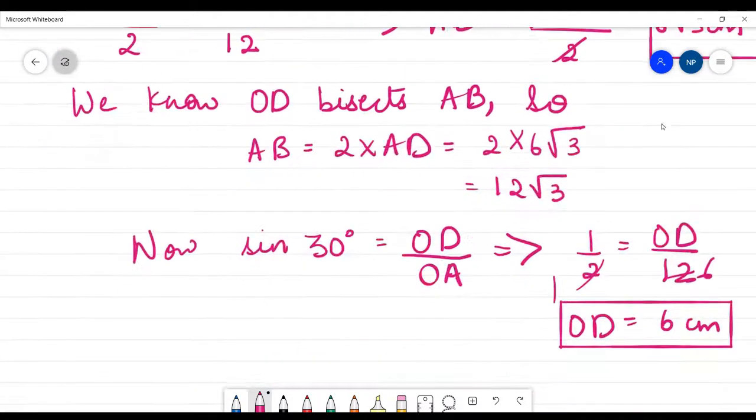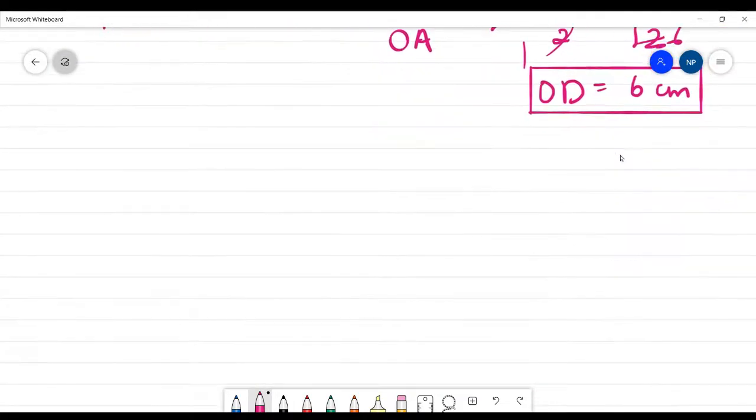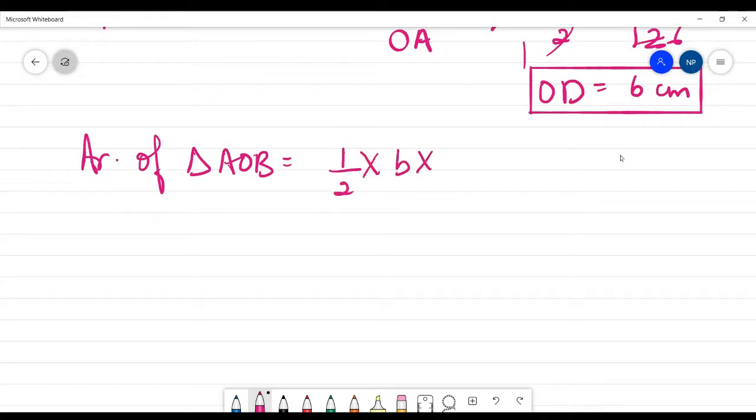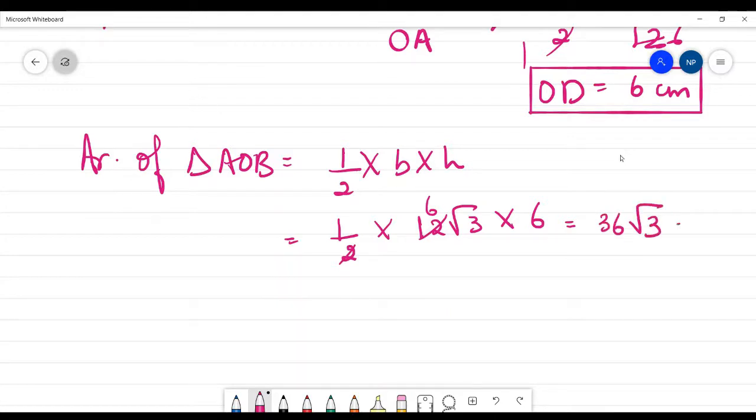So from here, area of triangle AOB is equal to half into base into height, which is half into 12 root 3 multiplied by 6. This we get as 36 root 3 centimeter square.